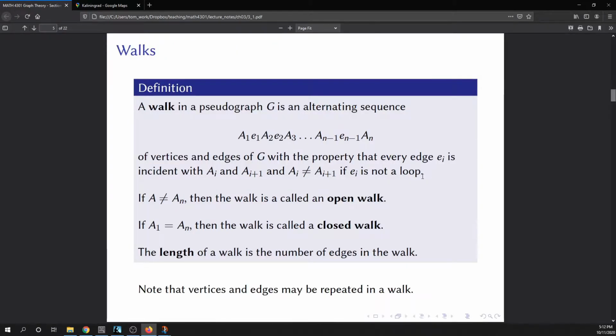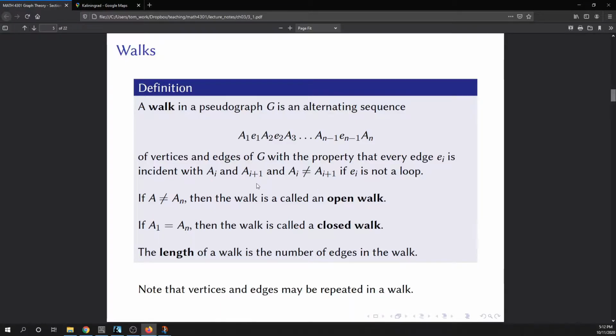So to get started in that direction, we will talk about walks. And since we are talking about pseudographs now, our definition has to expand a little bit because of the fact that we have multiple edges between vertices. So a walk in a pseudograph G is an alternating sequence of vertices and edges with the property that every edge is incident with the vertices that directly precede it and directly follow it in the sequence.